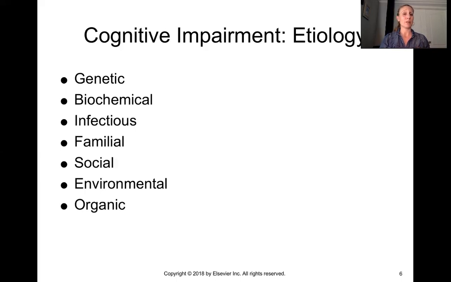Today, most likely what we're going to see from a biochemical perspective is fetal alcohol syndrome. From a genetic perspective, we're looking at, again, like that trisomy, or there's a few others that we'll discuss along the way. The other factors, the familial, social, environmental, and organic, are going to be things that happen in the child's development.